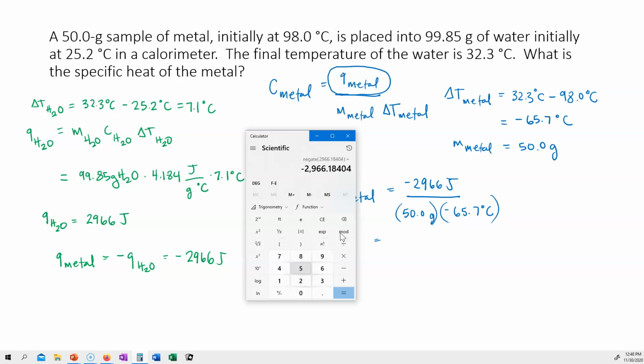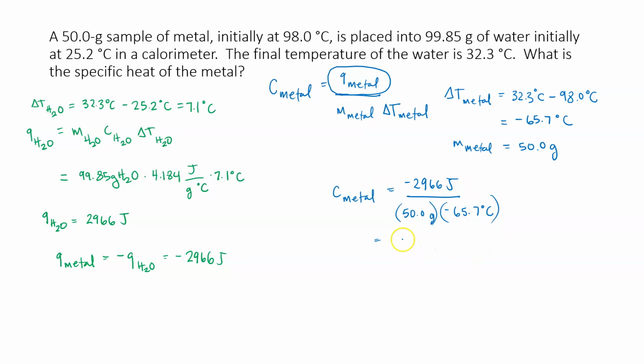We're going to divide it by 50, and then divide by negative 65.7. And so I get 0.903 joules per gram degree C. There we go. I think I fixed it.